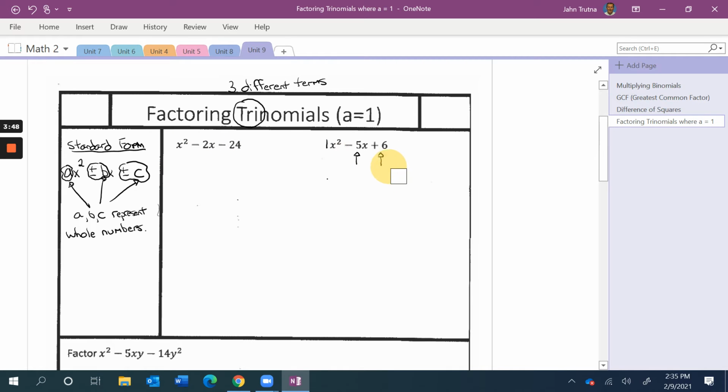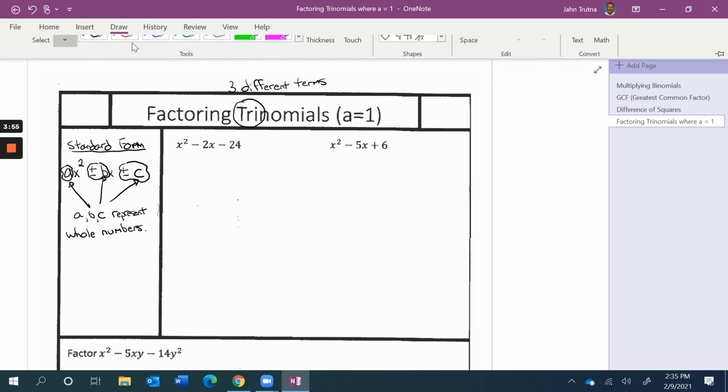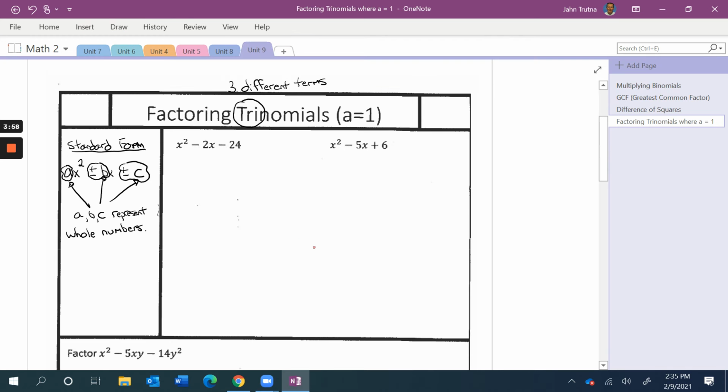We're going to learn a certain strategy on how to factor a trinomial when the a value is equal to 1. Right now I'm going to draw you something that is going to make no sense to you at all, but I want you to go ahead and draw it. If I have an expression of x squared plus bx plus c, that will factor into two parentheses, and both of the parentheses will have an addition symbol in them.